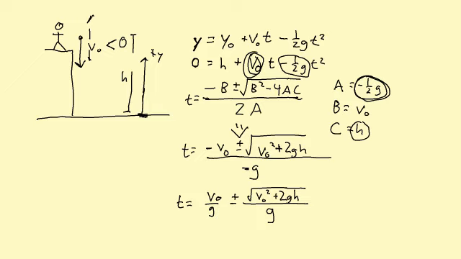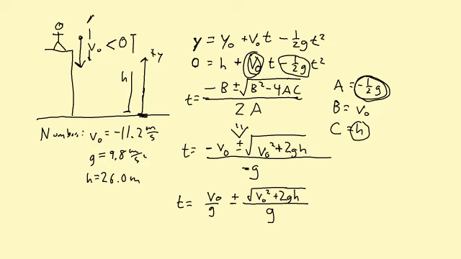My numbers are v naught equals negative 11.2 meters per second. g is, of course, equal to 9.8 meters per second squared, and the height is 26.0 meters. So let's see what I get here.